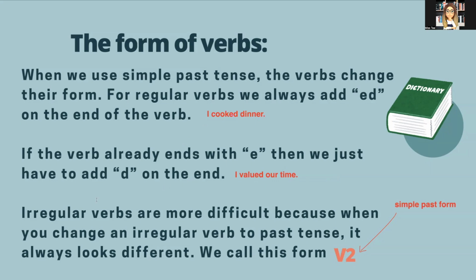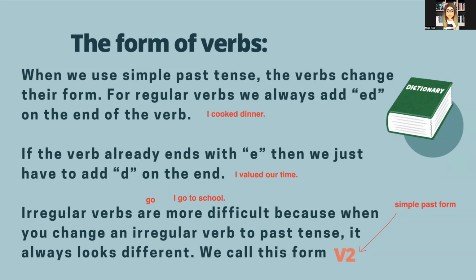And irregular verbs. So a really common example of an irregular verb is go. So in the simple present, you can say, I go to school, for example. Now, in these irregular verbs, the verb takes a completely different form, and it's different all the time. So it must be memorized. It doesn't have a rule like add the ed or add the d.